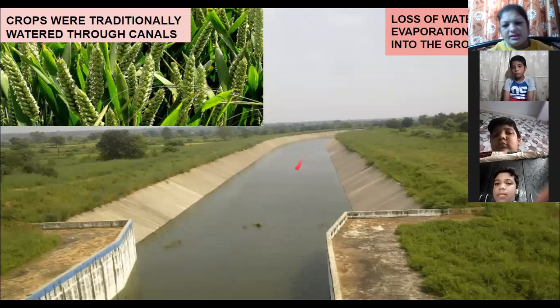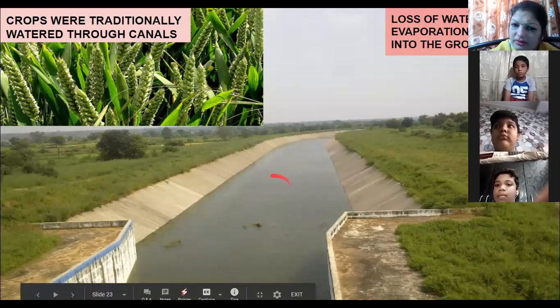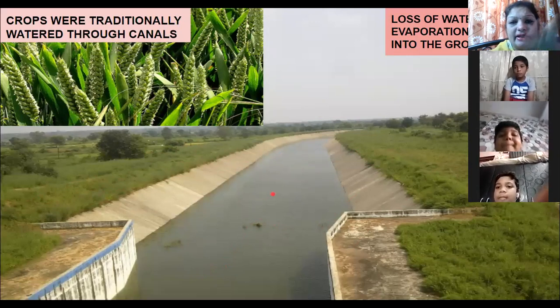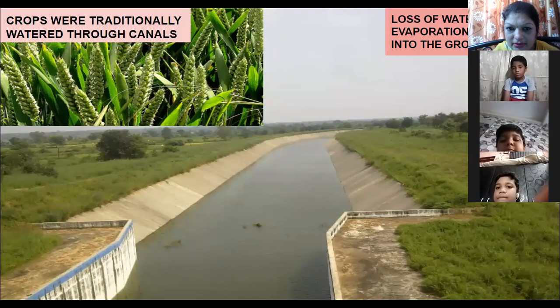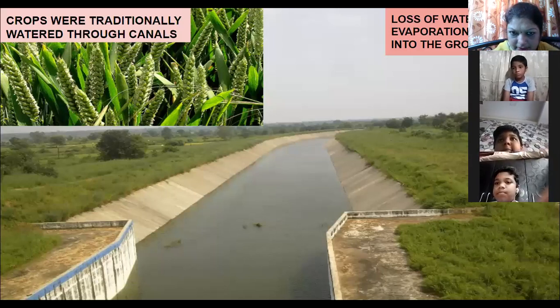Now what happens when the water is being collected in the canals? Because of the heat of the sun, what will happen to this water? Because of the heat of the sun, the water gets evaporated. Slowly it is converted into steam. That means the water is becoming less and it is converted into water vapor.